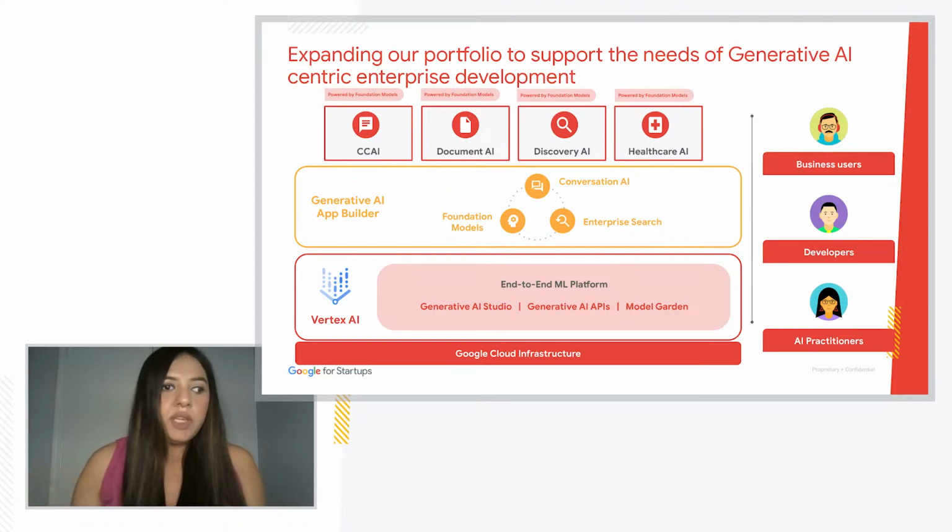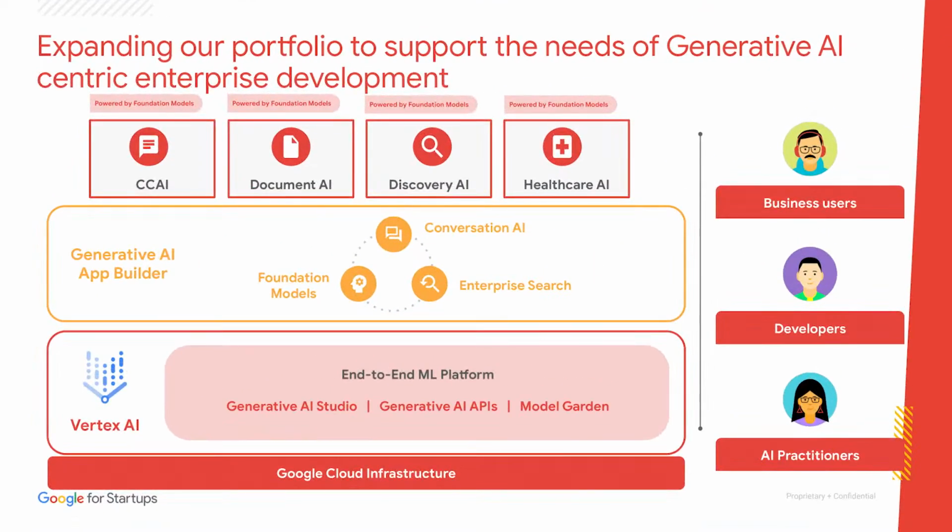And for developers, we created Generative AI App Builder, which is again a no code, low code offering for some very common industry use cases, such as creating enterprise level search, which is similar to Google search, as well as conversation. On the top, for the business users, our contact center AI, document AI, discovery AI, and healthcare AI are already powered by large language models. So you get the benefit of all of Google's research from our top to bottom stack of Vertex AI.